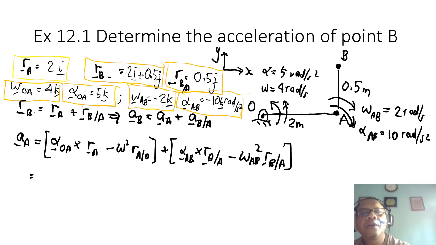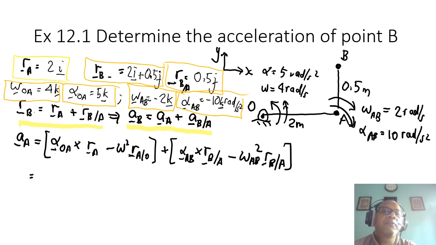So we have now with us the vectors, and we can write the equation for the acceleration. Down here we have acceleration of A, which is alpha OA cross position vector A minus omega square position vector A relative to O, which should be a vector.